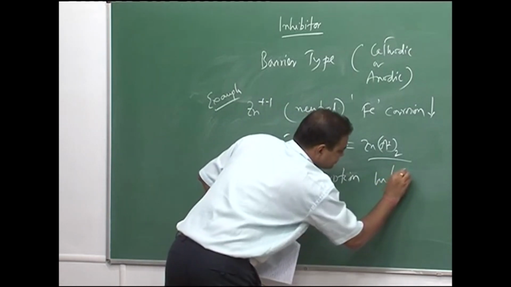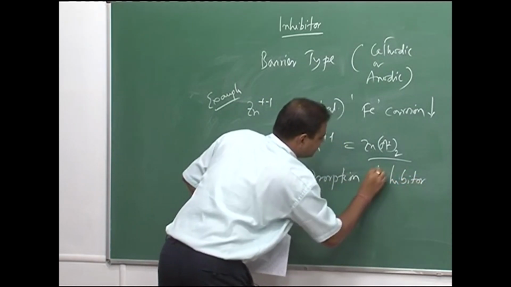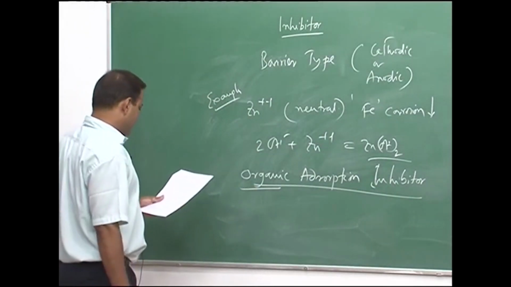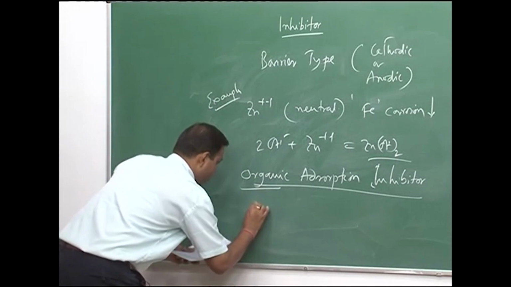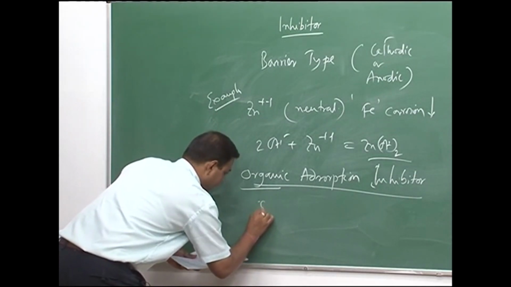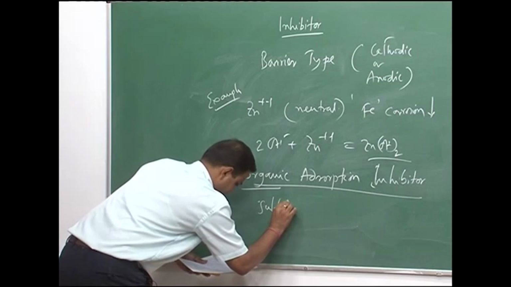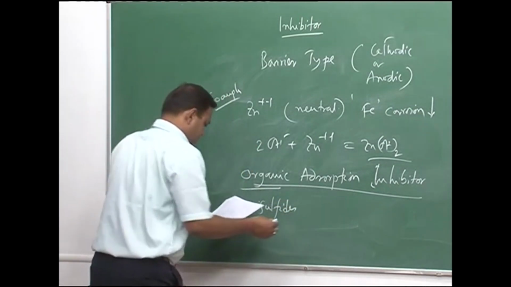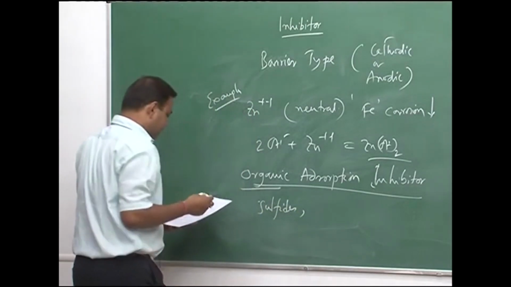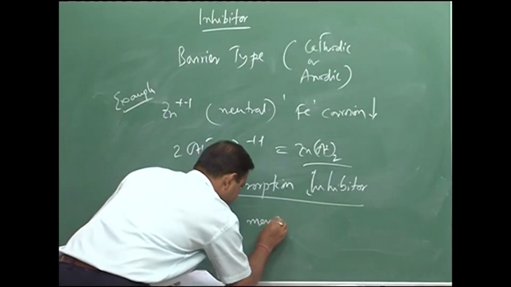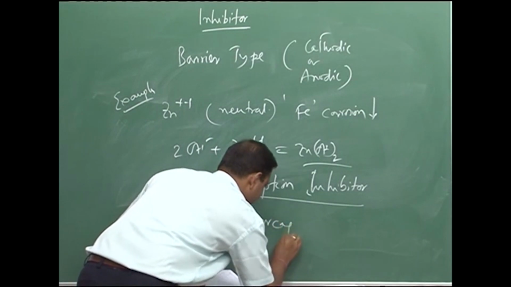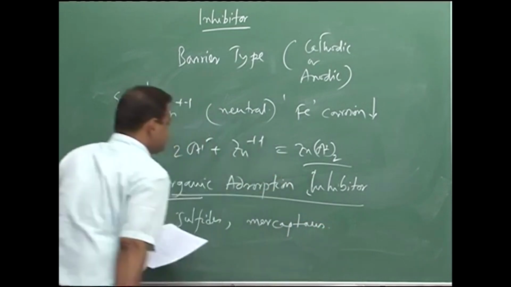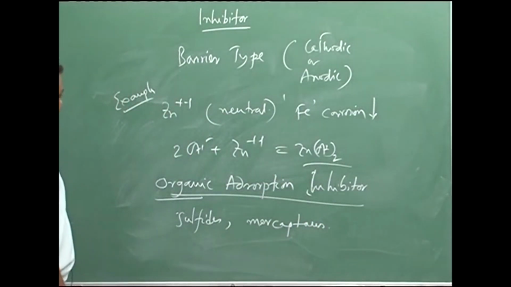In this case the examples are, for example, organic sulfides or mercaptans. So, those are some organic sulfides.